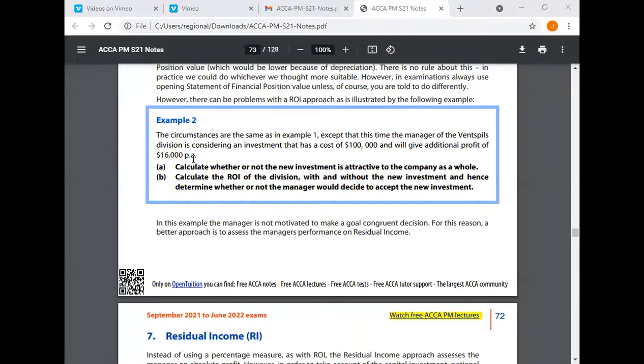A, calculate whether or not the new investment is attractive to the whole company. B, calculate the ROI of the division with and without the new investment, and hence determine whether or not the manager would decide to accept the new investment. I'm giving you 2 minutes. You try that question.